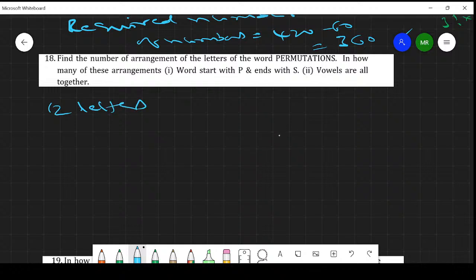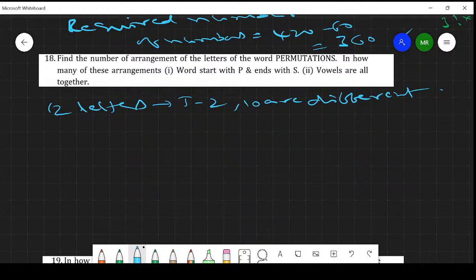In 12 letters, T occurs twice and the remaining 10 are distinct. Only T occurs twice here, and the remaining 10 letters are different.